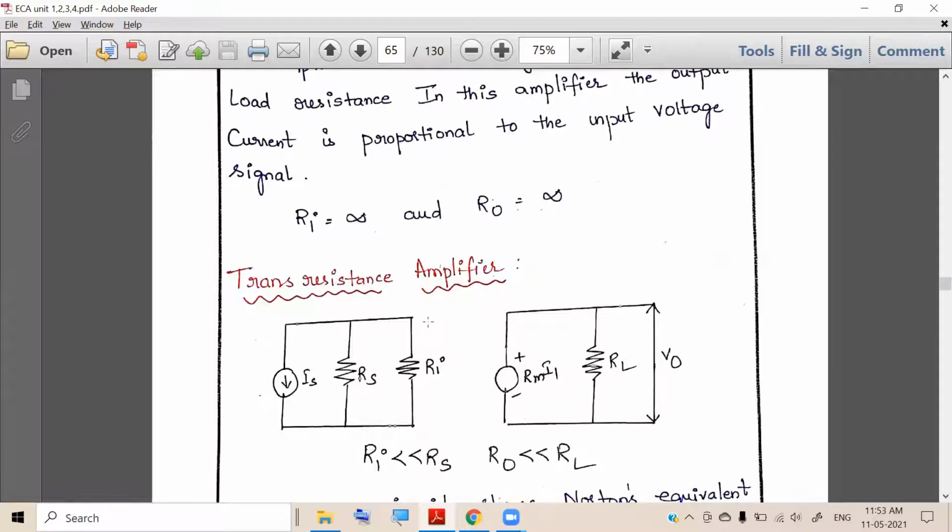Ii is the current flowing through Ri, multiplied with Rm.